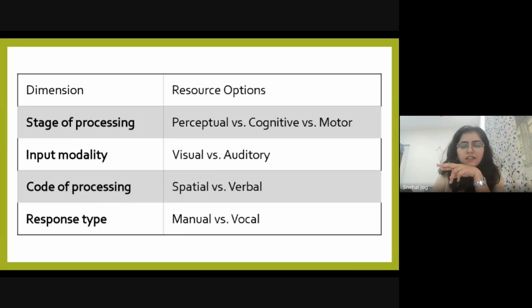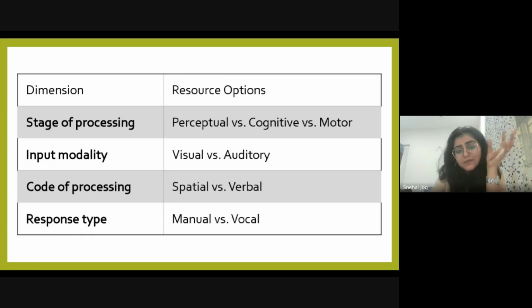So two visual tasks are going to interfere more. In Kahneman and Fees' case, it was numbers plus auditory information. So interference was more. Okay, then you have stage of processing. As in, when you talk about codes of processing, when you talk about codes, it has to do with what kind of information you're dealing with. So is it words? Is it language? Is it speech? So that is verbal.